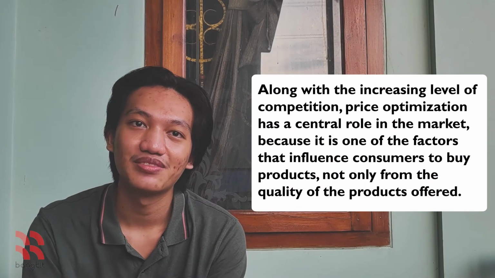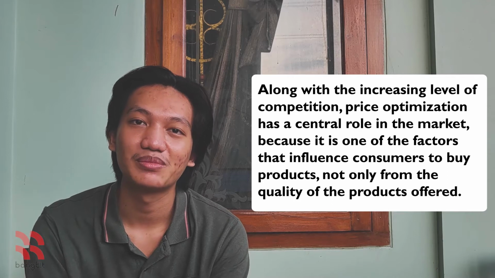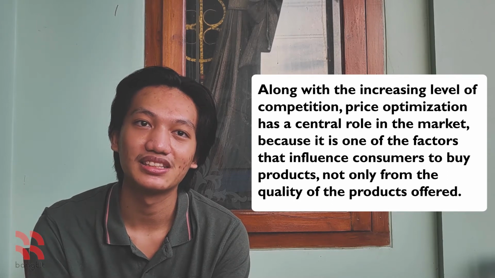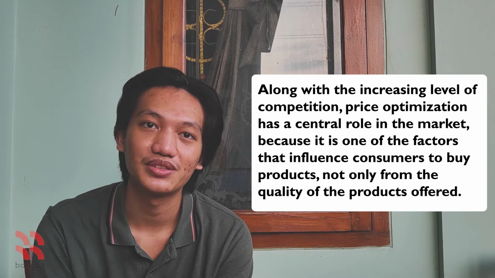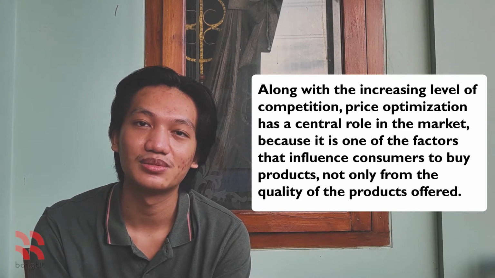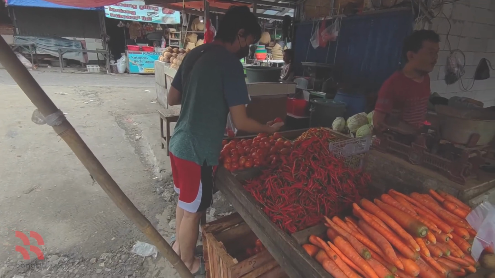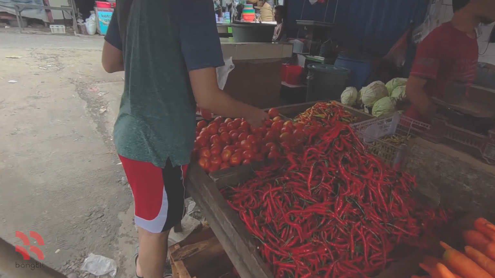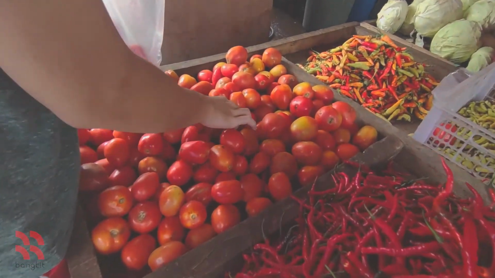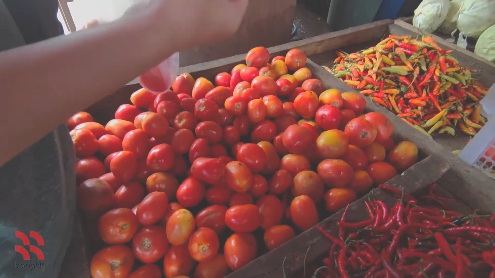Along with the increasing level of competition, price optimization has a central role in the market because it is one of the factors that influence consumers to buy products, not only the quality of the products offered. From the seller side, the seller can find out the price according to the market and acceptable to the buyer.